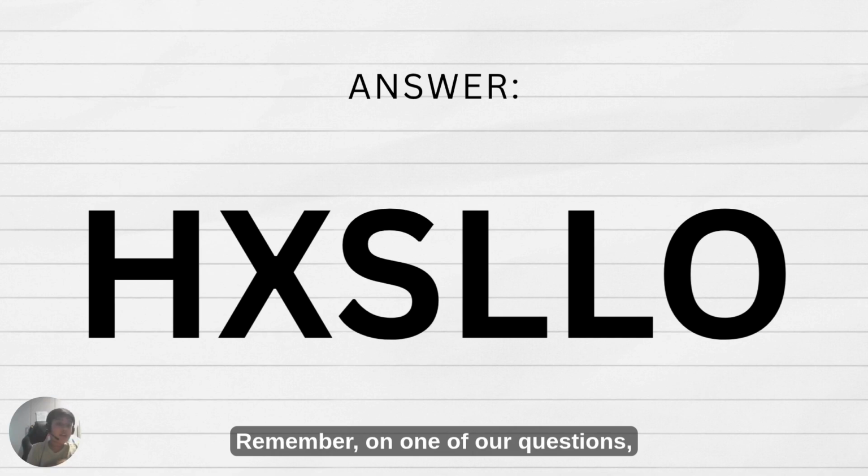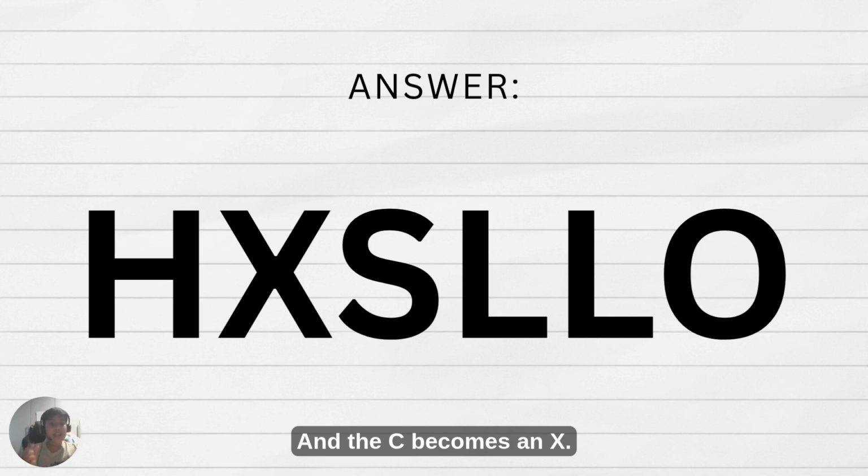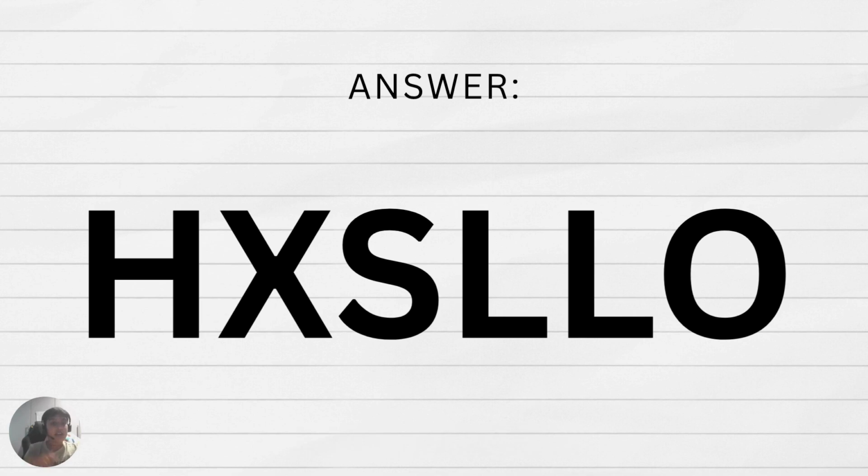Remember, on one of our questions, it said the mirror position of H is S. So it's going to be the same here. The mirror position of S is H. So that's why the S in school becomes a H. And the C becomes an X, the H becomes an S, the O's become an L, and the L becomes an O. H, X, S, L, L, O.